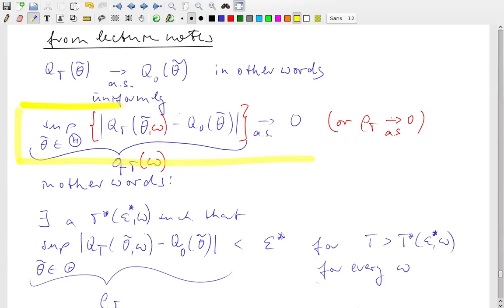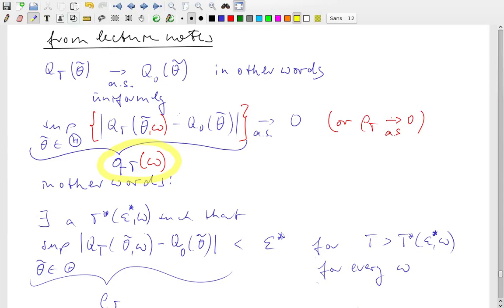We have this convergence almost surely of the sequence of suprema. So whatever the sample is, whatever omega is, this convergence to zero happens. Now it's convenient to abbreviate this sequence of suprema with this qt symbol down here. So qt of omega denotes the sequence of suprema that we're going to take a look at.